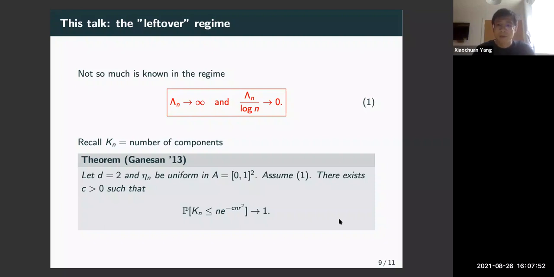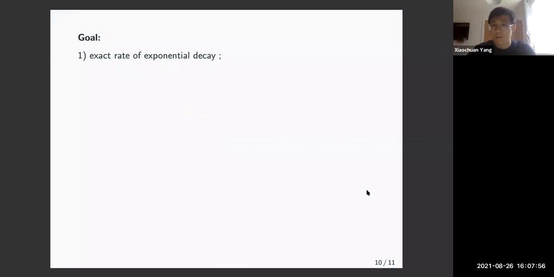So our goal in this work is threefold. First, we would like to identify this exponent in the exponential function. The second goal is to have a general statement for a general set A in any dimension.